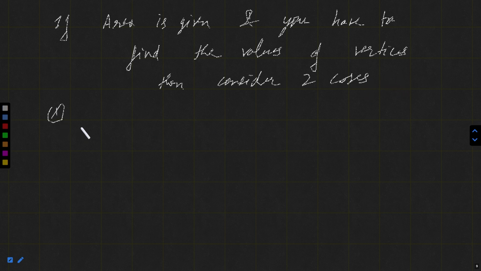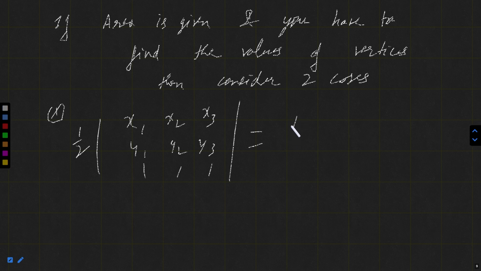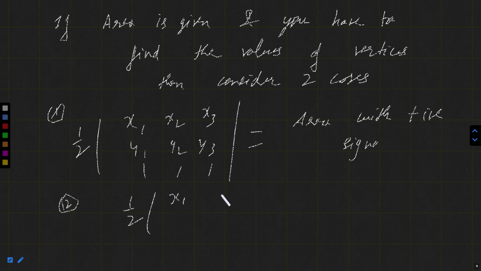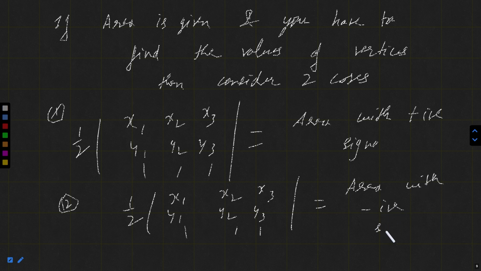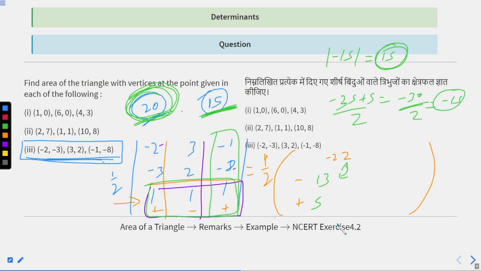One is half of the determinant of x1, x2, x3, y1, y2, y3, 1, 1, 1 equal to the area with positive sign. And the second case will be half of the determinant of x1, x2, x3, y1, y2, y3, 1, 1, 1 equal to the area with negative sign, as you just saw in the last problem of exercise 4.2.